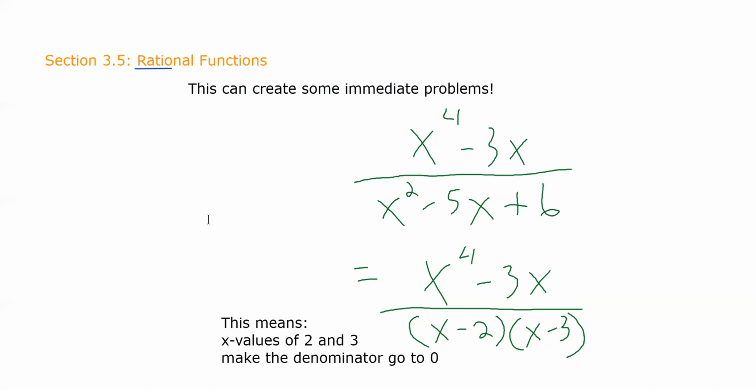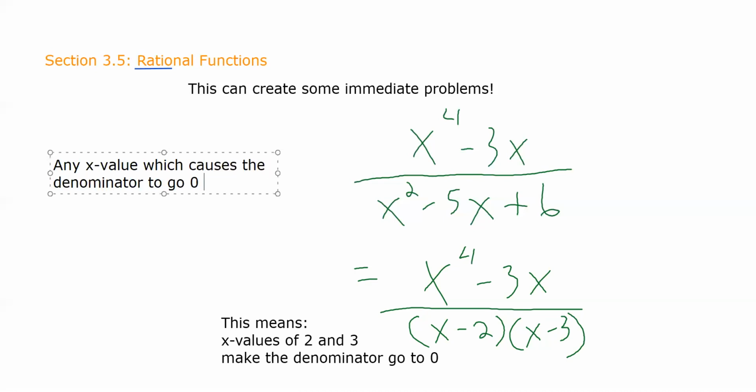It's a one-way ticket to Azkaban if you use it, simply because dividing by 0 is not defined, and we talked about that. This then means, in turn, that any x value which causes the denominator to go to 0 is not in the domain of the rational function.